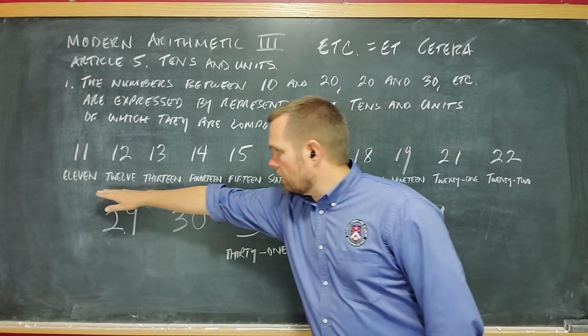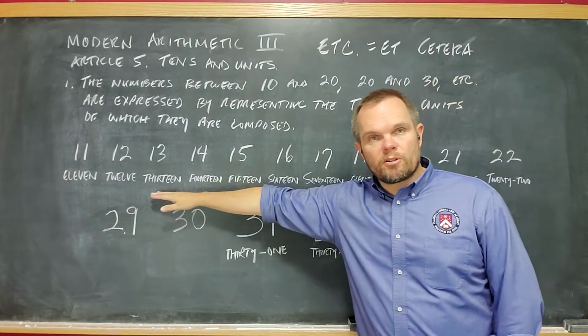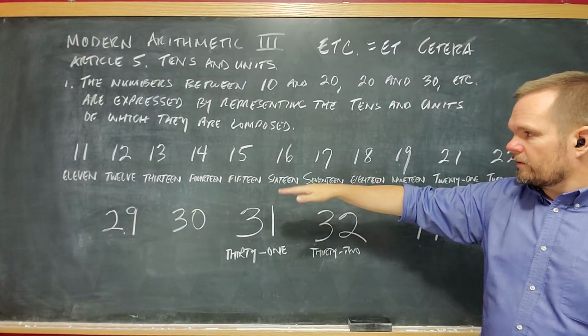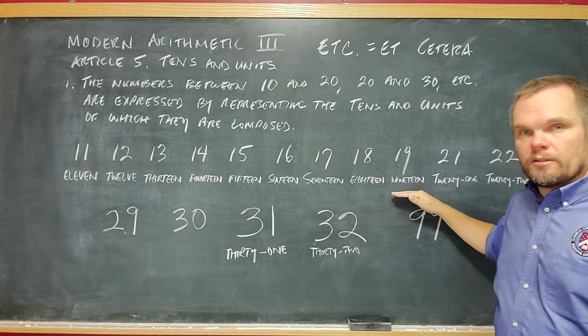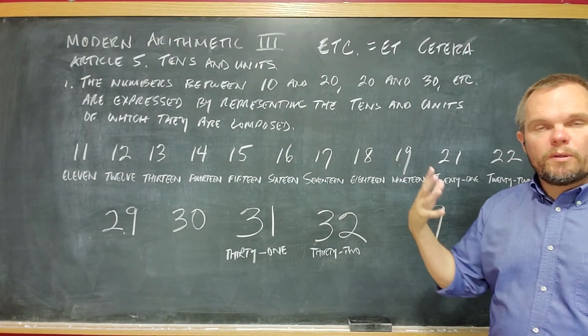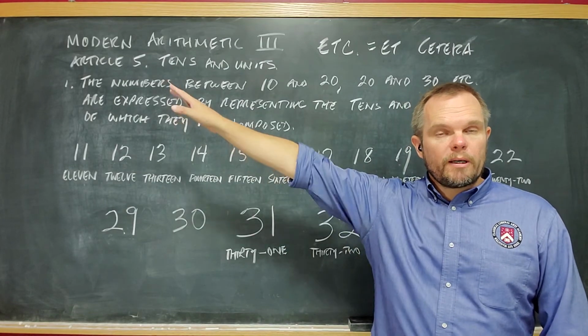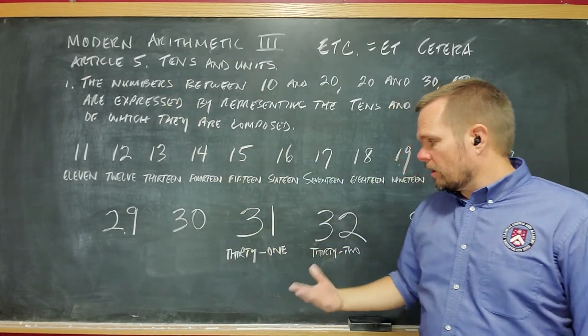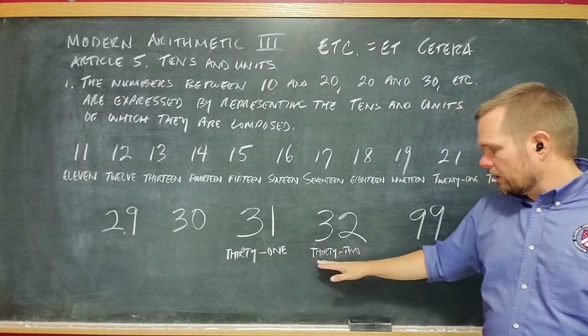The numbers from 11 to 19 have their own special names. 11, 12, 13, 14, 15, and so on up to 19. Once we get to 20, from 20 all the way up to 99, the numbers are just written 31, 32.